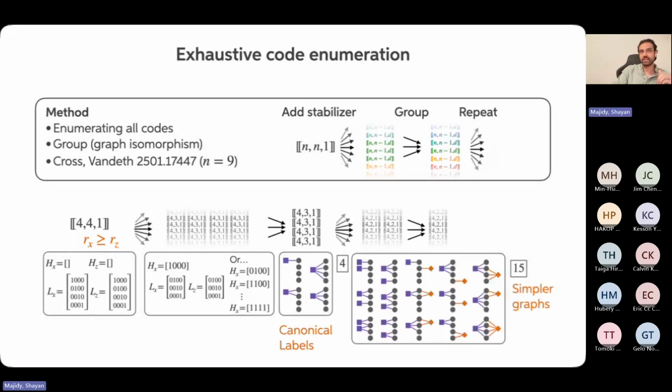We then repeat this process again. And because we're dealing with CSS codes, we have much nicer, simpler graphs to deal with. So it reduces the space of graphs. And we just continue along this way. Once we have all our graphs, we're going to use a SAT solver in a particular way to identify which codes are phantom. And I'll explain in the next slide how we do that.